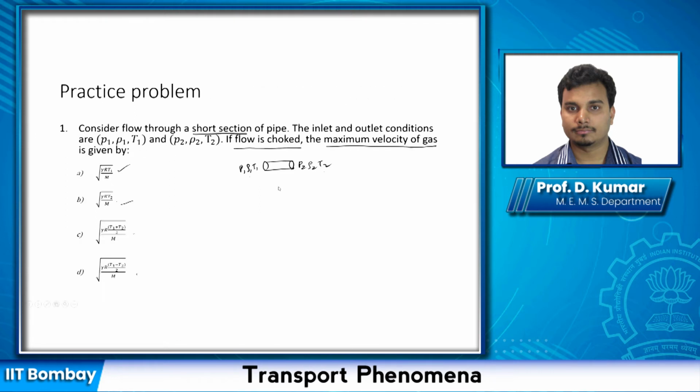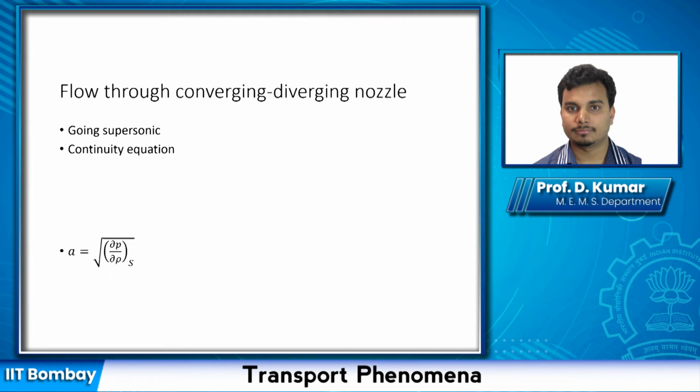After doing this problem, let us move to flow through a converging diverging nozzle. We study that because in many cases we actually want to have supersonic flow, and we saw that in a straight tube or straight nozzle, Mach number has to be less than or equal to 1.